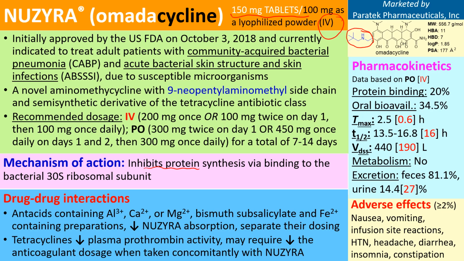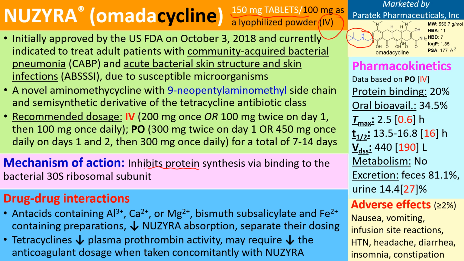Drug-drug interactions. Antacids containing aluminum, calcium, or magnesium, bismuth subsalicylates, and iron-containing preparations decrease NUZYRA absorption, so separate their dosing.